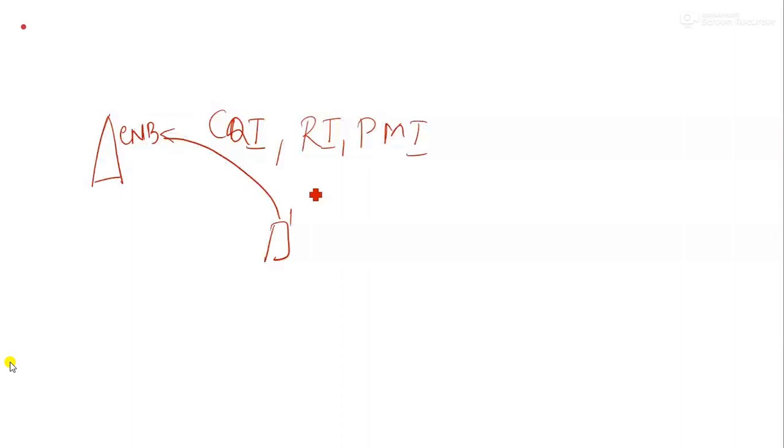Whenever eNode B is sending the data, let's say the mobile powers on, it will read PSS. Along with PSS, there is something called RS, the reference signal. I think yesterday we discussed this reference signal also. We understood that the reference signal positions are fixed.